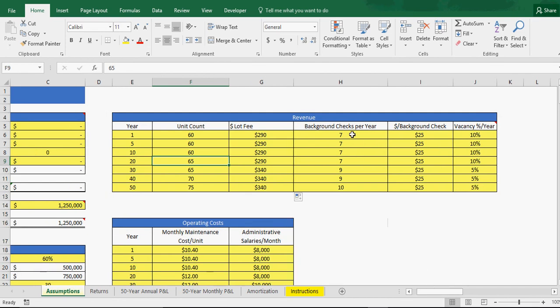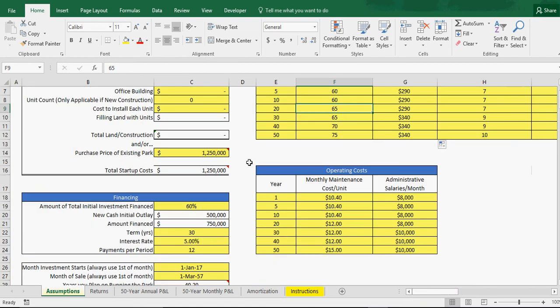You've got background checks, just a small thing some places do to collect revenue, because you basically pay a one-time fee and you could do background checks, so it's like a revenue stream. Background check charge per person, and finally the vacancy percentage per year.